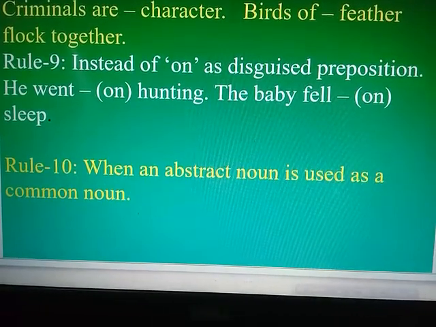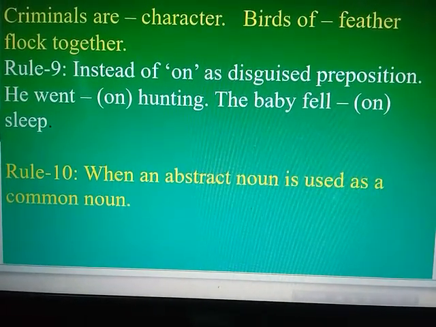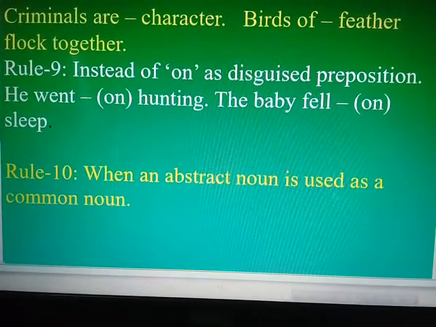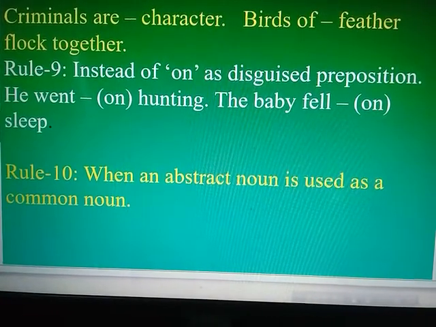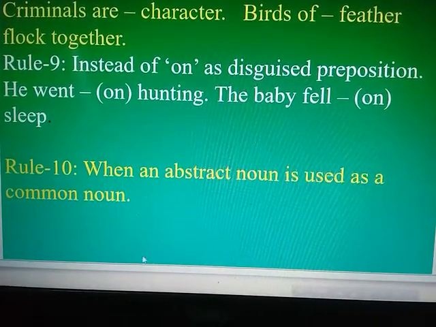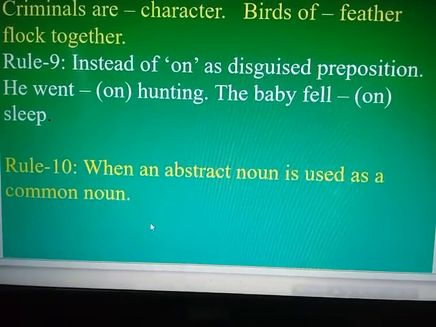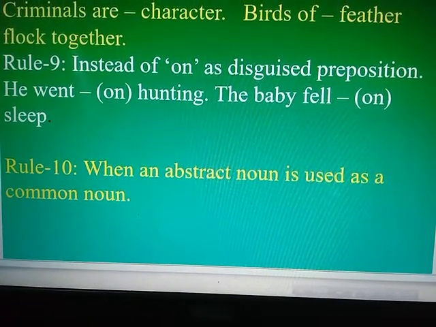So these rules are given for you to study minutely and attentively, so that you can score full marks in articles. If you follow these rules, I'm quite sure you will get full marks.